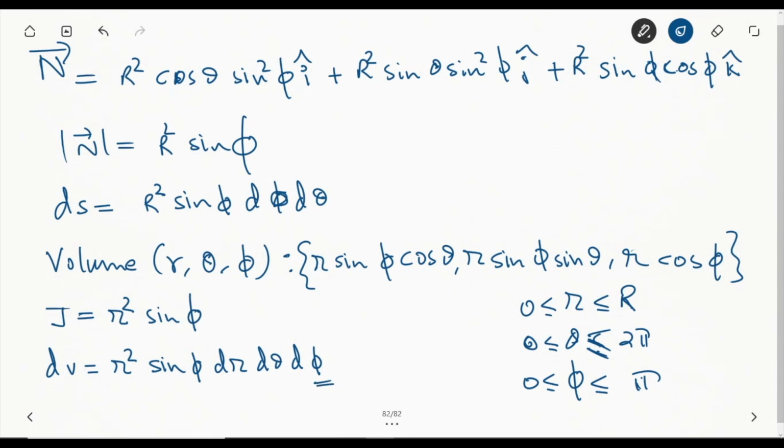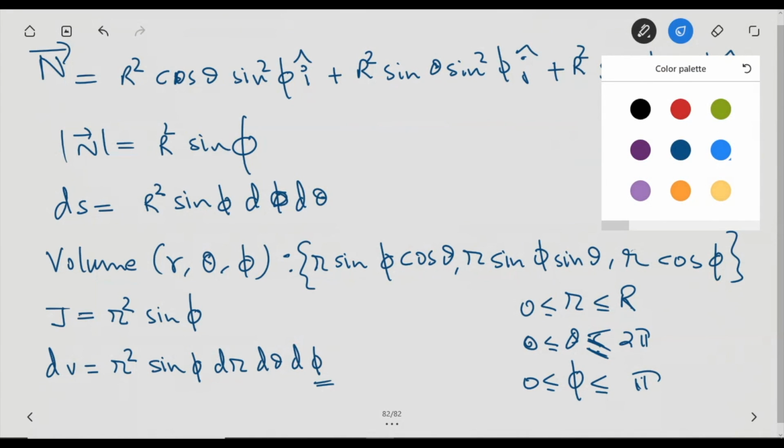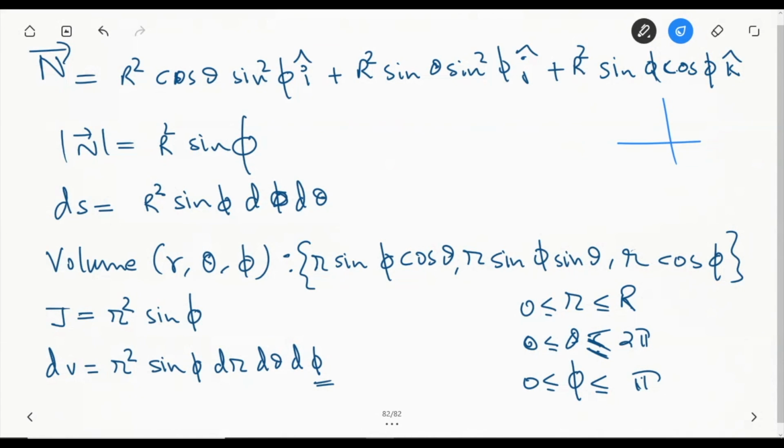So you can use this with the limits provided, maybe like suppose it is a hemisphere and this is on the positive side of z. So in that case, let's discuss this one case. Suppose it is a hemisphere with z being positive. In that case, you can see the angle phi will start from this point and it will go up to this point, right? It cannot go beyond this. So it is starting from 0 and going up to pi by 2, right?